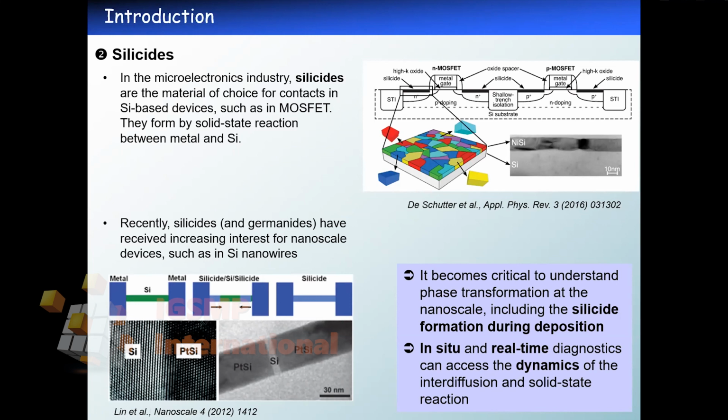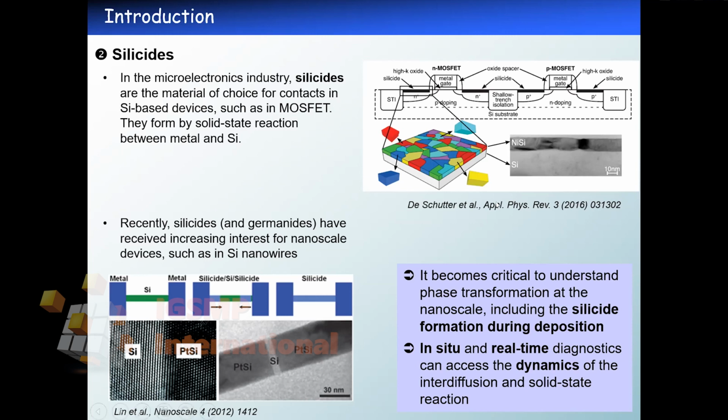More recently, silicides, but also germanides, have received increasing interest, this time for nanoscale devices, as illustrated here, where you have the use of silicides in nanowires. So it becomes critical to understand the phase transformation at the nanoscale.